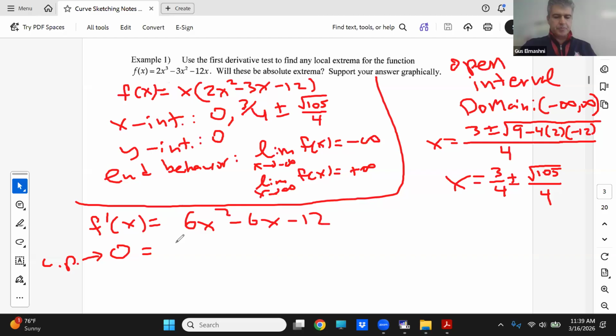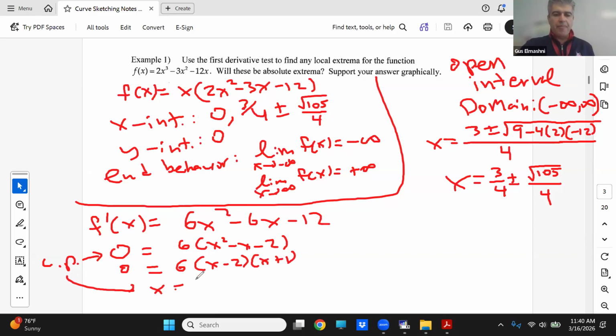What can I factor out? X squared minus x minus 2.